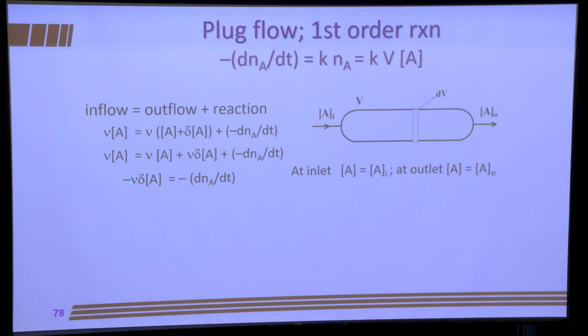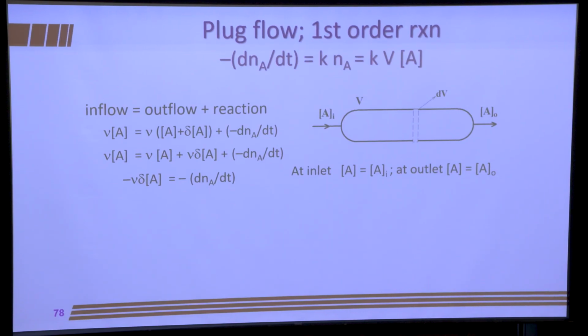Okay, so these cancel, and we then have minus the flow rate times the change in concentration of A is equal to minus the change in number of moles of A with respect to time in the reactor.